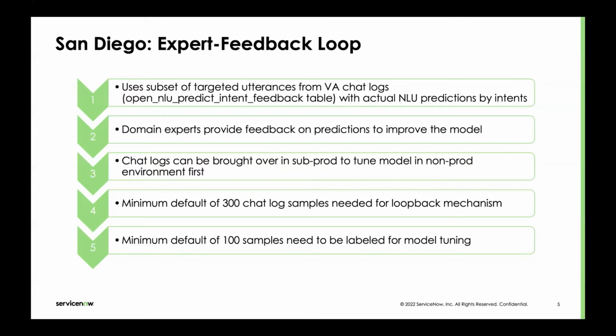And it provides an opportunity for your domain experts, your NLU admin, to go in and label that data to provide feedback to the model on whether the predictions are correct, incorrect, or it shouldn't be predicting anything. And we will go over the demo.